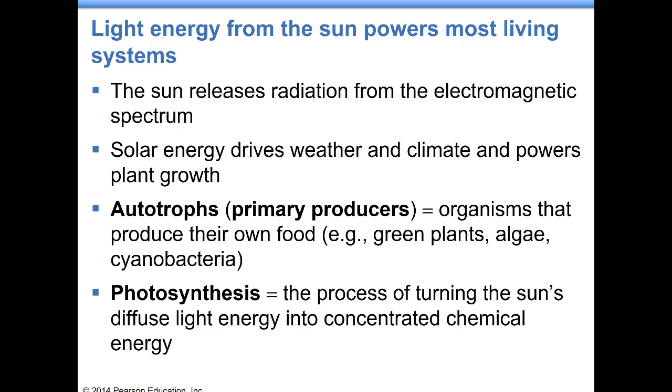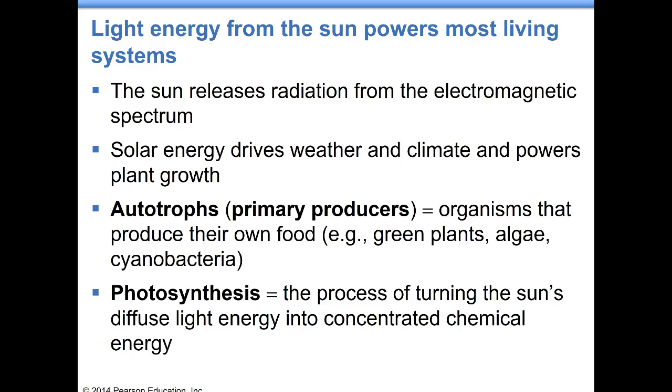Those are our autotrophs. And they use the process of photosynthesis, where they're able to convert the sun's energy along with water and carbon dioxide, and they're able to make a form of energy in a carbohydrate, in a sugar. It's a concentrated chemical energy.